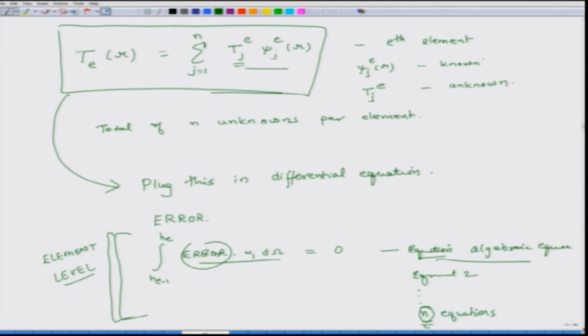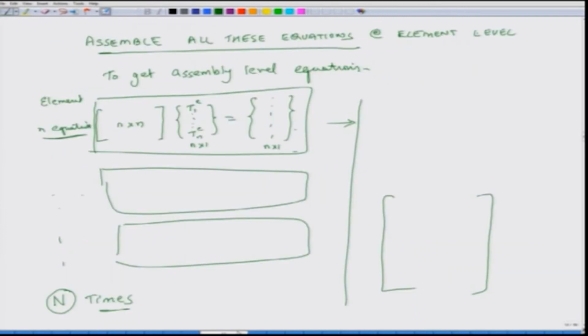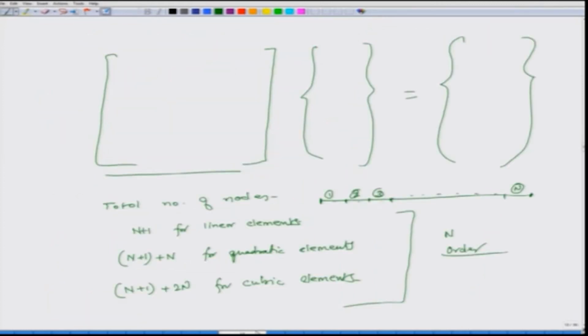Then you find it for the next element, second element, third element, and you find element level equations for all the n elements. Then you do the assembly, and the total size of your matrix will be n plus 1 for linear, n plus 1 plus n for quadratic, and so on. So this is the assembly process.